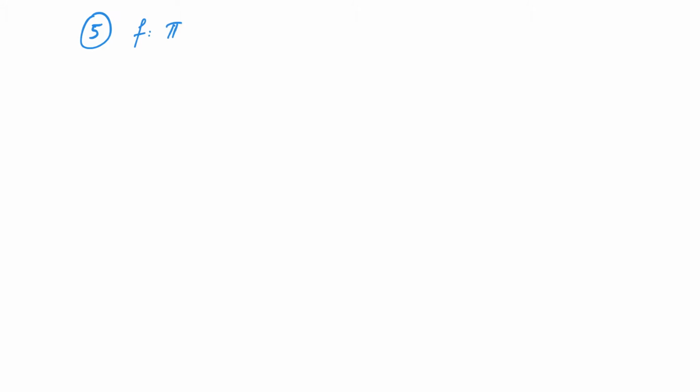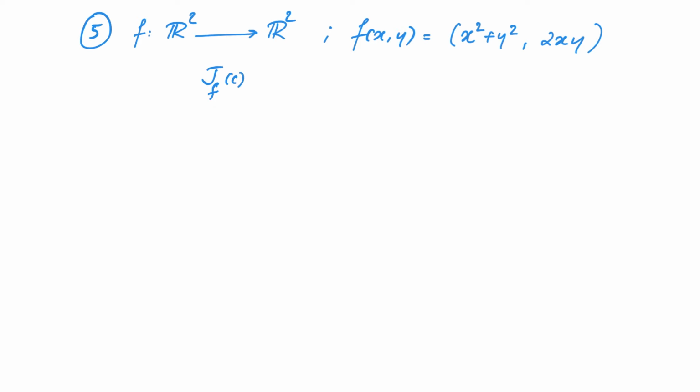Finally, we will look at a somewhat complicated example. More precisely, we are looking at the function f from R^2 to R^2 defined as f(x, y) = (x^2 + y^2, 2xy). Notice that the Jacobian of this function at the point c is given by [2c1, 2c2; 2c2, 2c1].